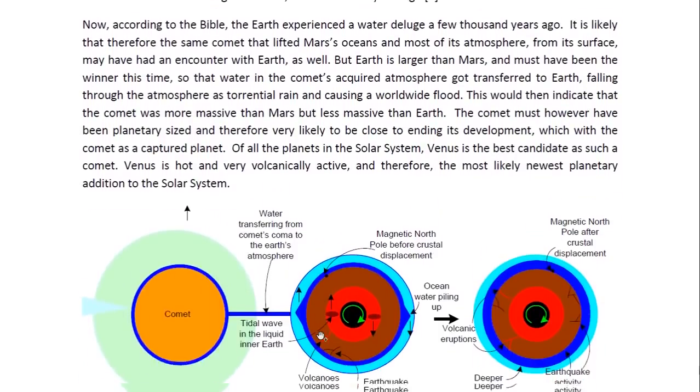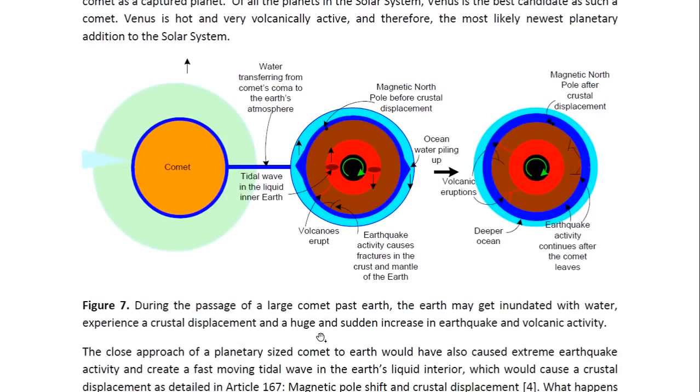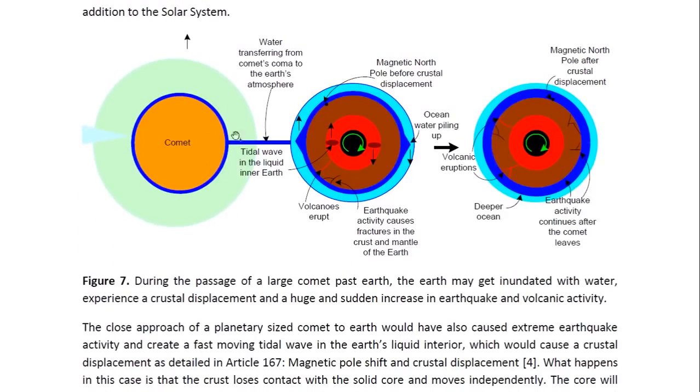Now, this is what may have occurred with Earth. This huge comet, possibly Venus, came by, established an electrical interaction. There may have been a lot of discharges which would have ionized the atmosphere, would have caused earthquakes, volcanic activity inside the Earth, and then we would have got the connection.